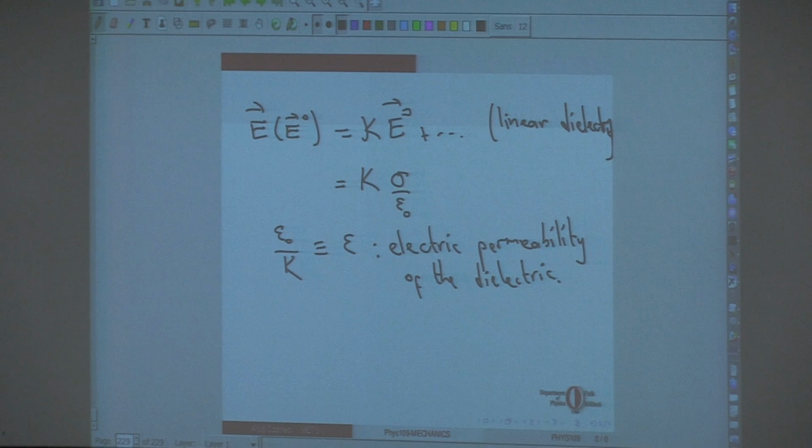How much electric field does this dielectric allow to be built inside it? Now you can imagine a conductor to be a dielectric with an infinite permeability. It doesn't allow anything inside.